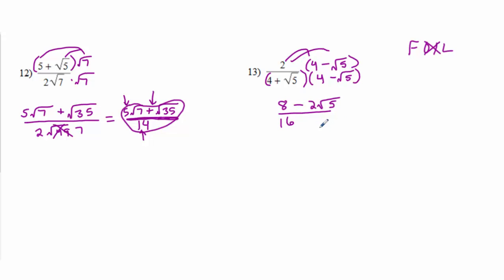Square root of 5 times negative square root of 5 is negative square root of 25, which is negative 5. So on bottom, we can do 16 minus 5, which is 11. On top, we still have 8 minus 2 square roots of 5. And again, if all 3 of these numbers that I have that are in square roots, if those will simplify, all 3 of them, then you would do that. If only 2 of them will simplify, you can't do anything.